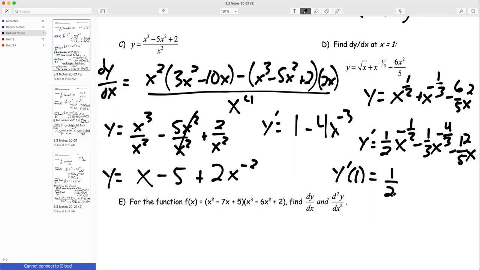And then if I plug in 1 here, what's 1 raised to the negative 4/3? 1 raised to the anything is just 1. So that's going to give me 1 times negative 1/3, which is just negative 1/3. And then I plug in 1 here, and I get negative 12/5. And I'm going to leave it like that.